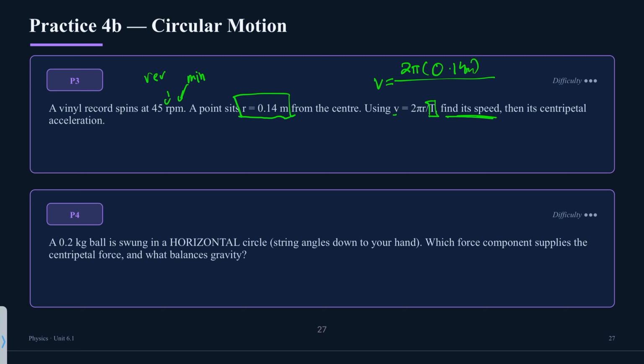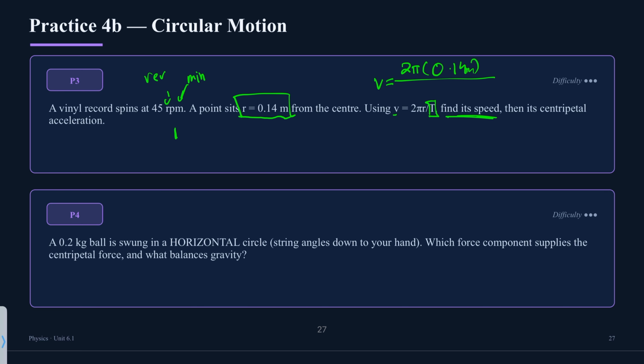And this one is going to get a bit complicated here, so stay with me. 45 revs per minute. Now we need that in seconds.